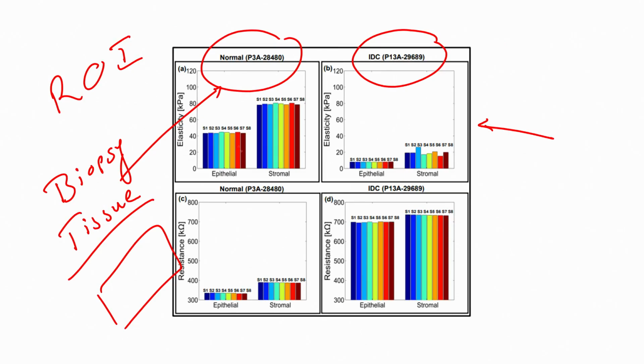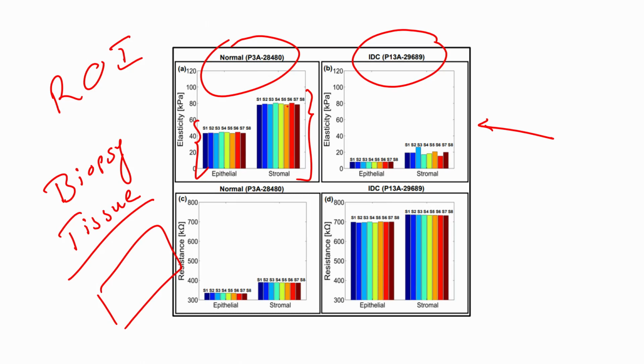So, when we do that, we can see that for the epithelial region in a tissue taken from a normal patient, the elasticity is less, but when we take a tissue from a stromal region, it is more. For a normal patient, elasticity in the epithelial region is less compared to stromal.